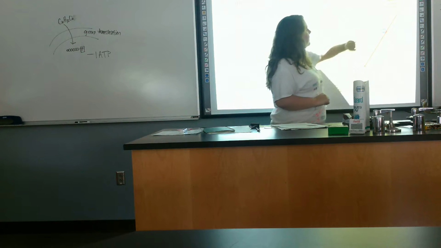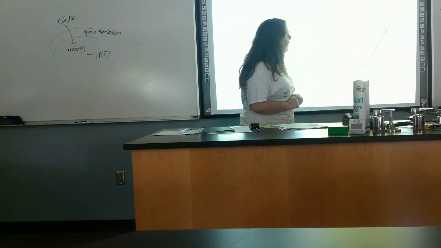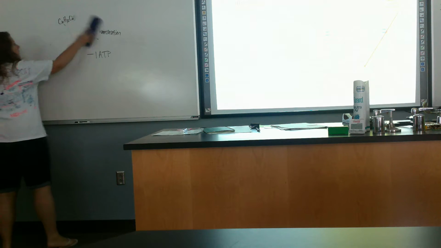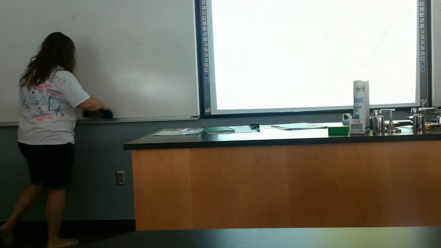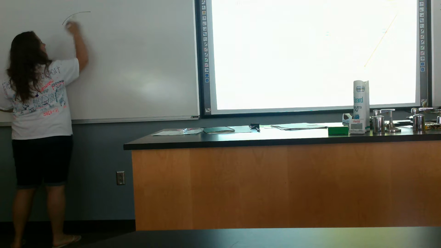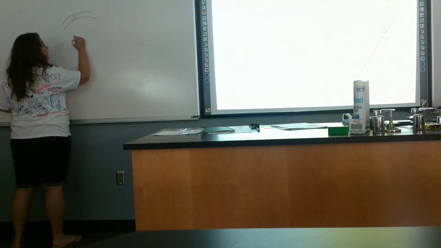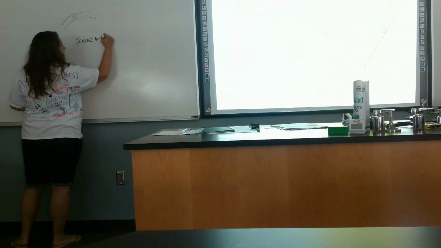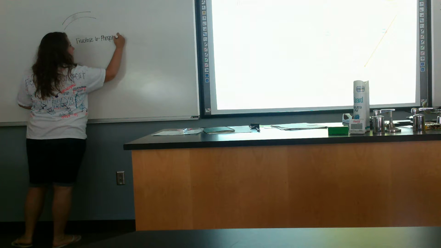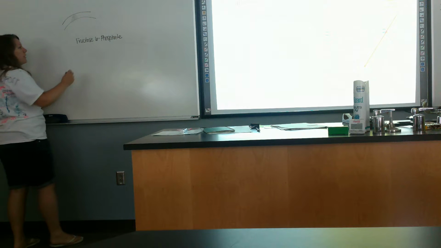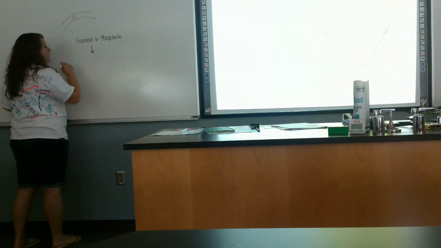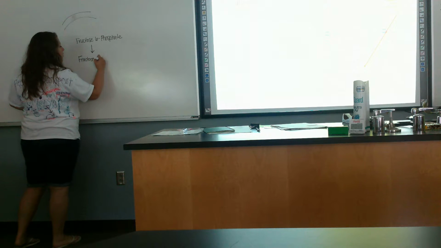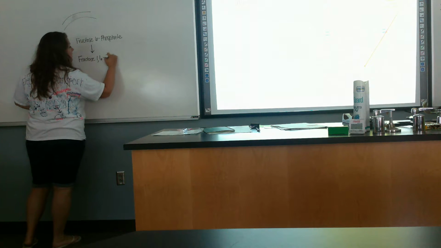Now the next step from here is to go from fructose 6-phosphate. So now we're inside of the cell. We have fructose 6-phosphate, and now it's going to be modified into fructose 1,6-bisphosphate.